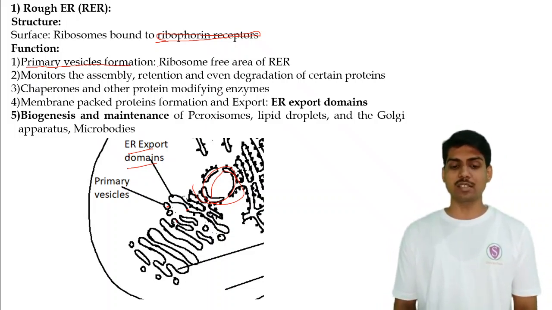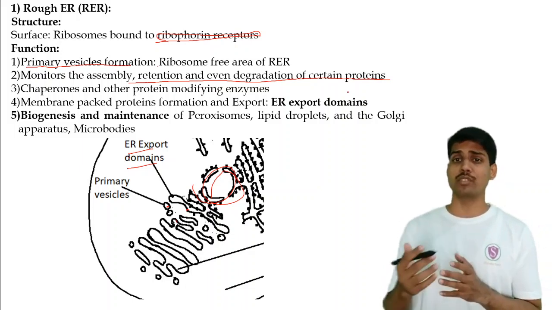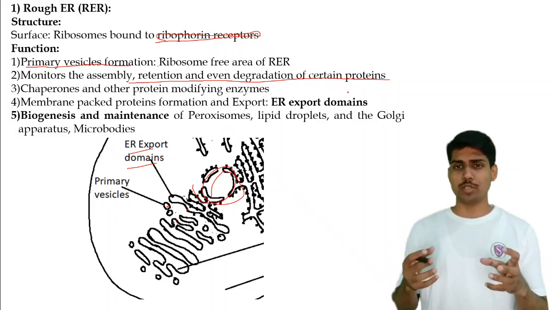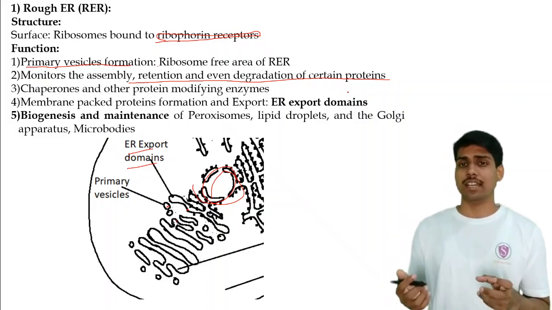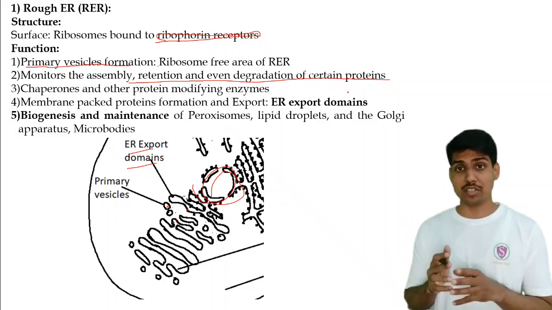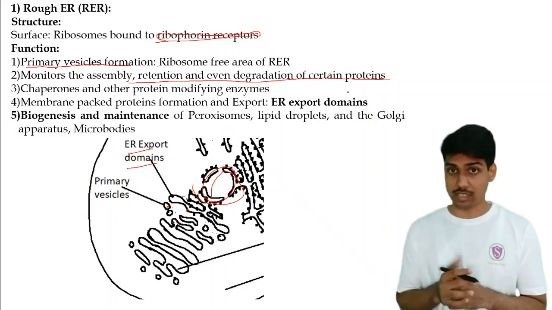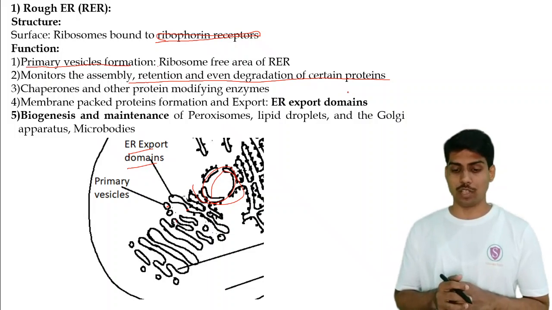The second is that it monitors the assembly, retention, and degradation of certain proteins. As I said, when proteins are synthesized with the help of ribosomes, the assembly of proteins into a proper usable form happens here. If there are misfolded proteins, which could be harmful to the cell if they come outside, they are degraded. So the degradation of proteins happens in this endoplasmic reticulum.